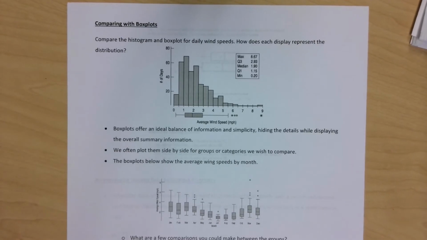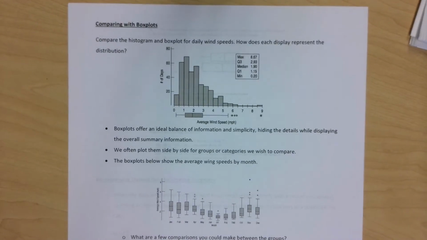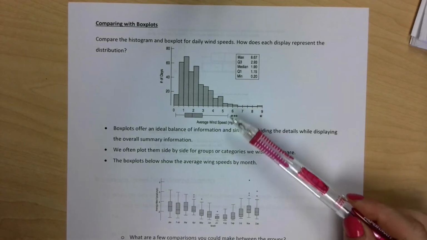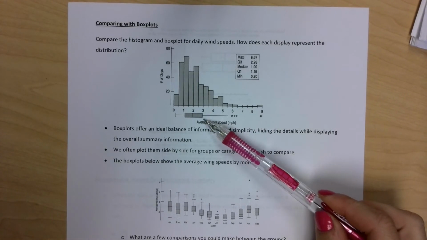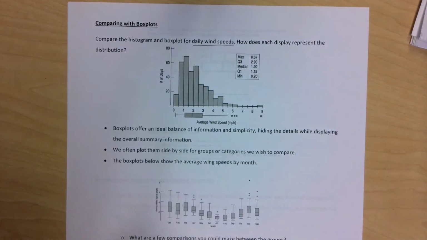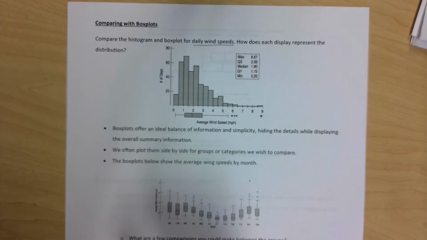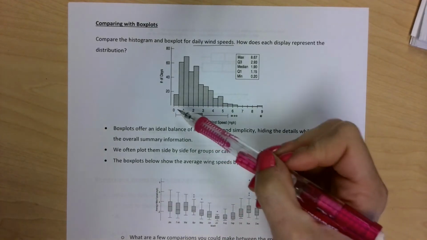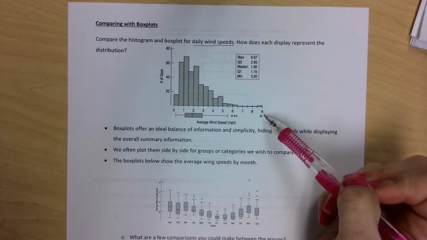The next thing we'll talk about is how to use these box plots to make comparisons between groups. So we have a histogram and a box plot from the same data here, and this is giving us daily wind speeds. So what's nice if we look at both of these together is that both distributions clearly show that there's a skew, right?